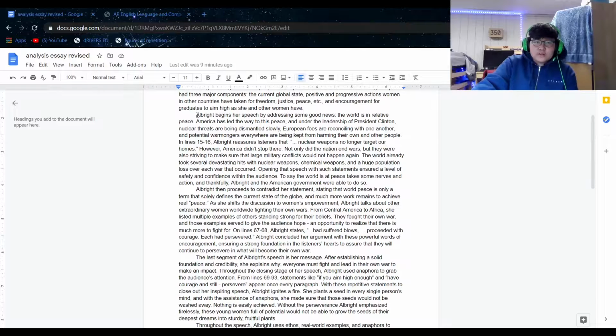And so, going into the first body paragraph, a lot of content is going to be about analyzing the author's words, but also don't forget about adding quotes, not necessarily quotes, but adding evidence. Like right here, you can see that in this sample essay, this is not a complete sentence, it is only a phrase. Nuclear weapons no longer target our homes. And now it is up to you to start analyzing the evidence and talk about how it helps you bring out your argument.